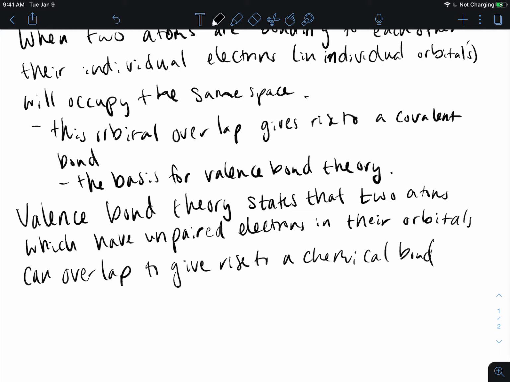So this covalent bond is formed by the sharing of those electrons between the two atoms during that orbital overlap.